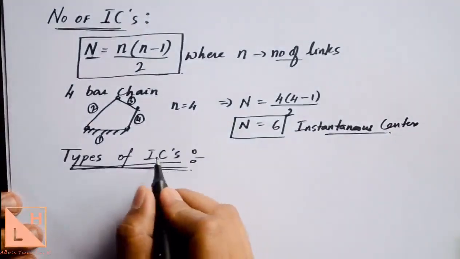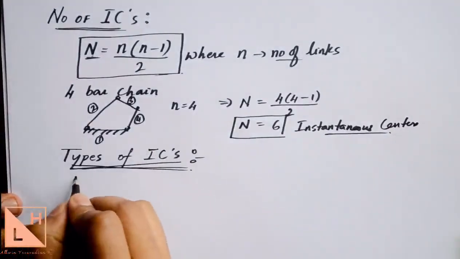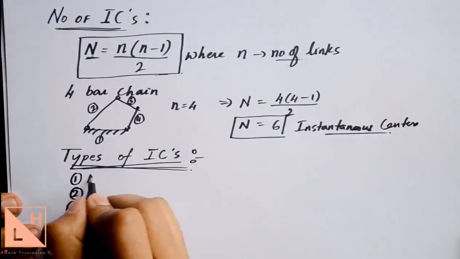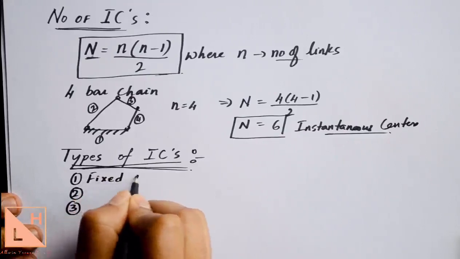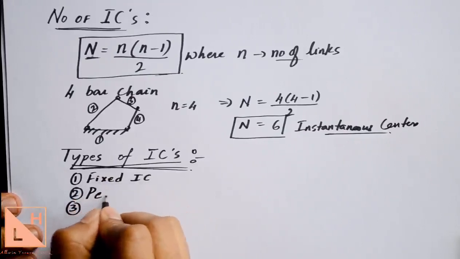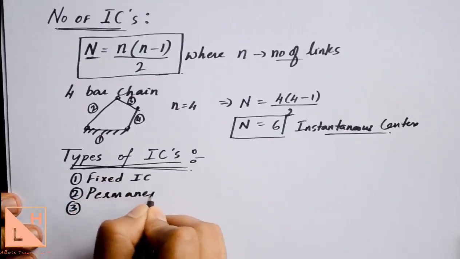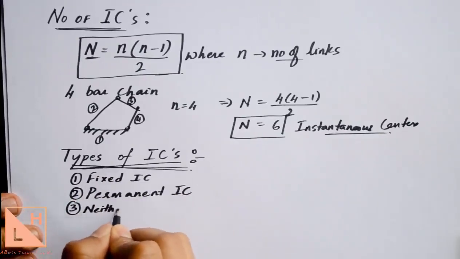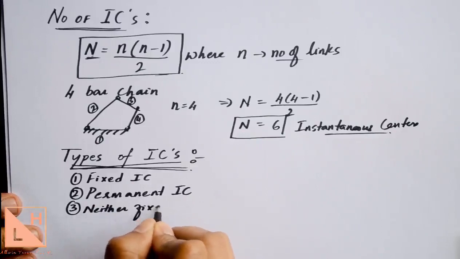The types of instantaneous centers: you are going to find 3 types, which we are going to name as fixed instantaneous centers, permanent instantaneous centers, and neither fixed nor permanent instantaneous centers.